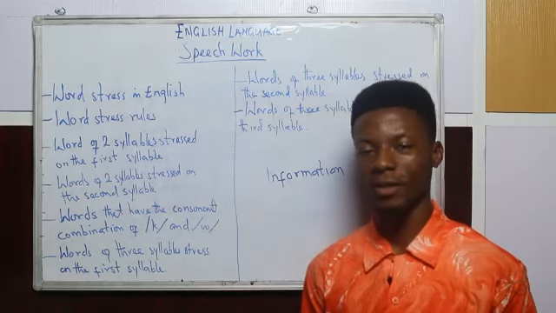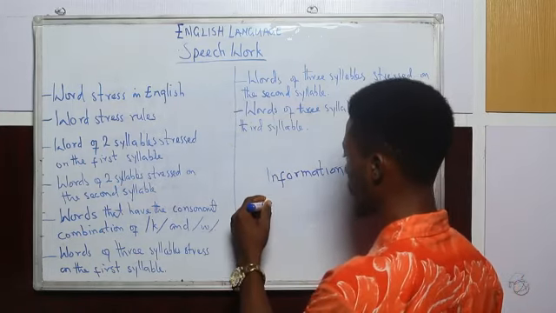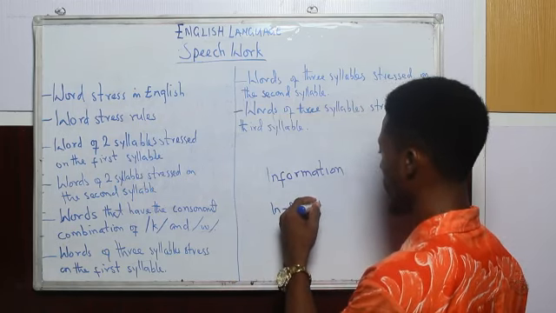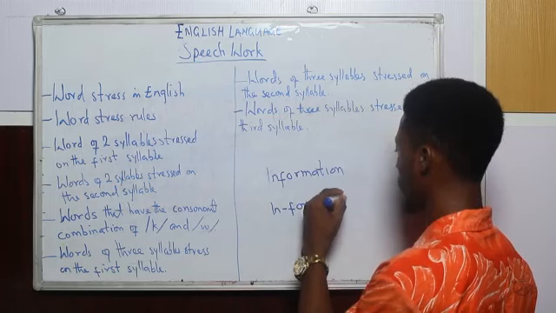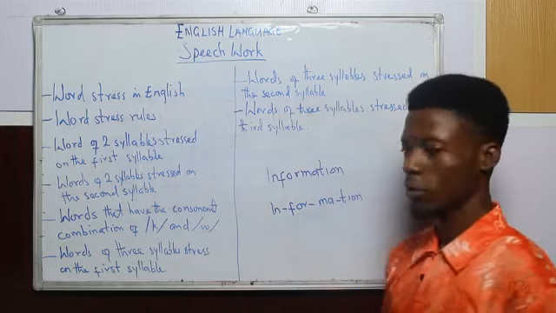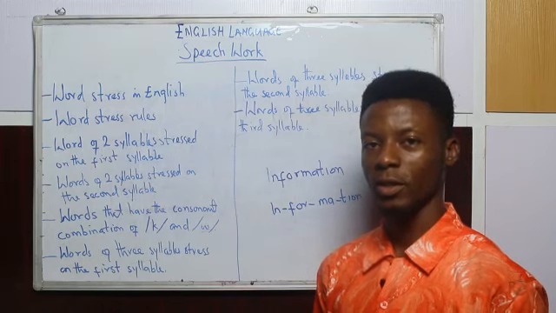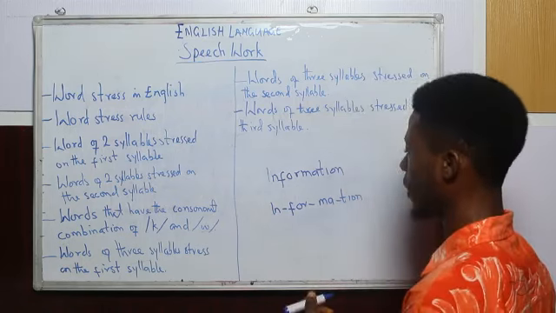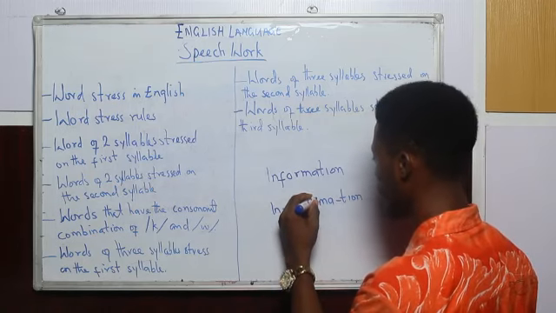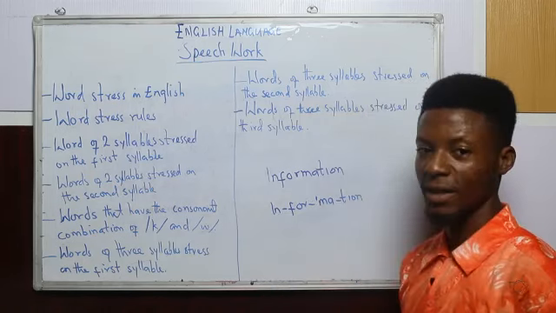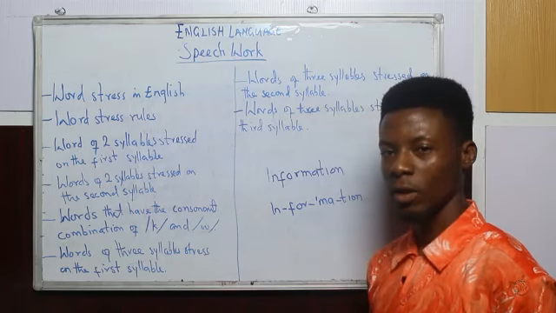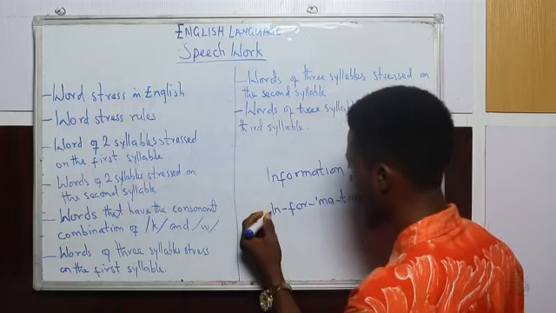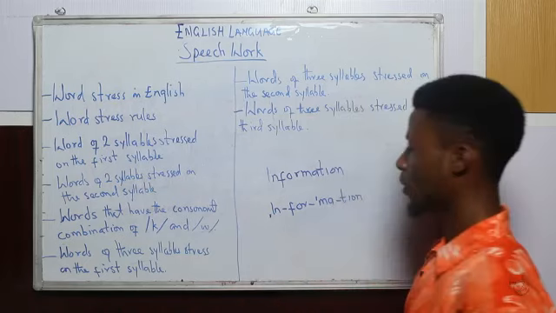Now let us break this word into syllables. We have in, for, may, shun. Now when we look up this word in the dictionary, we realize that the syllable that carries the main stress is the third syllable, information, and we have the diacritic mark that indicates the main stress in the word, and the first syllable carries the secondary stress, and we have the diacritic mark to indicate that.